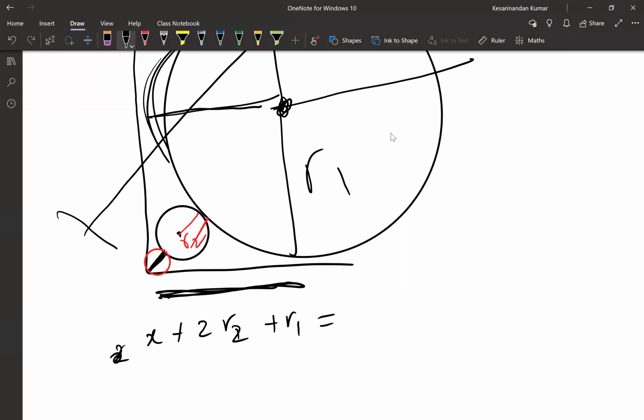That will be the hypotenuse, which is equal to 2R1 square, and this is also the left side wall, whole square. So basically root 2R1. And I've got one equation.